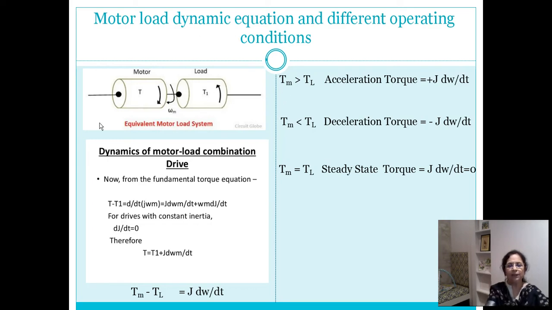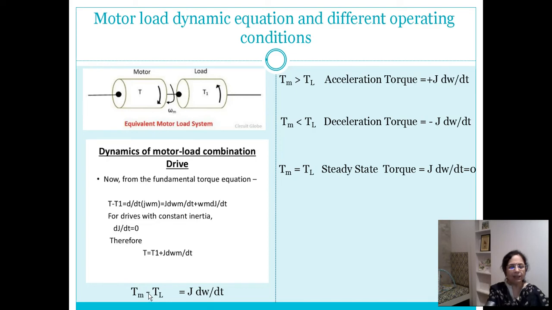Now this is written in the form of an equation by considering a common moment of inertia J for this combination. We can write the fundamental equation of torque as Tm minus TL equals J d omega by dt, where J is the inertia, which is a combined inertia of motor and load together. Tm is the motor torque, TL is the load torque.